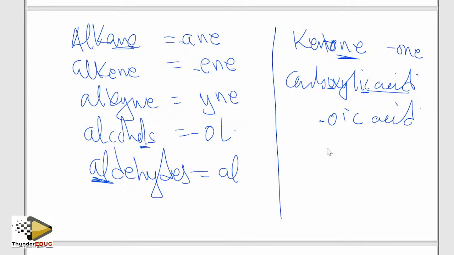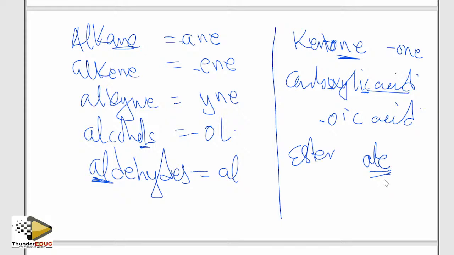Then we have what we call the esters. The esters are just a little bit different, because it is negatively charged, or a salt, so it ends with ate.